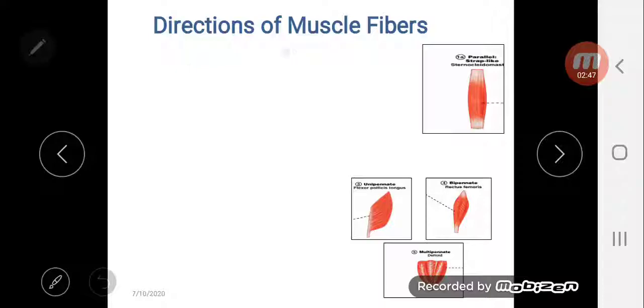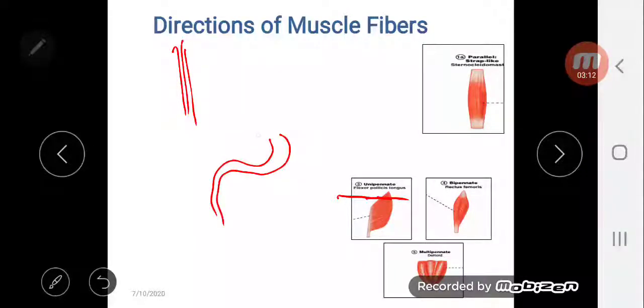Direction of the muscle fiber: we have parallel stripe-like, for example, sternocleidomastoid, which is located in the neck, and we have the flexor pollicis longus, which is located in the anterior palmar aspect of the forearm. It is unipinnate like this. And we have the rectus femoris, which is bipinnate, located in the anterior aspect of the thigh.